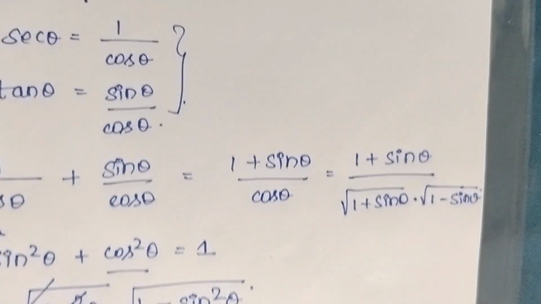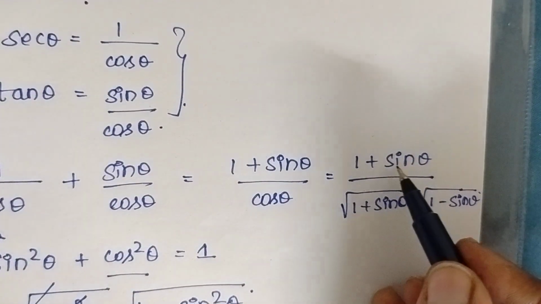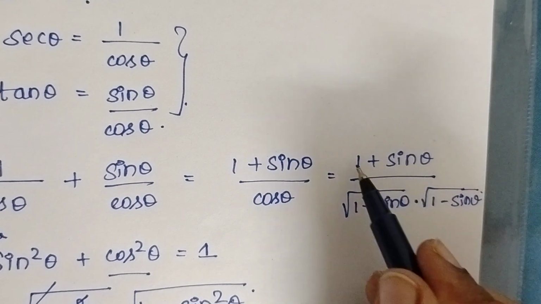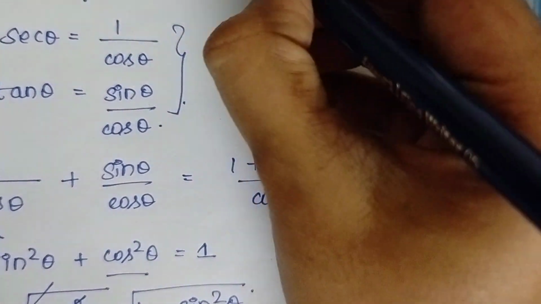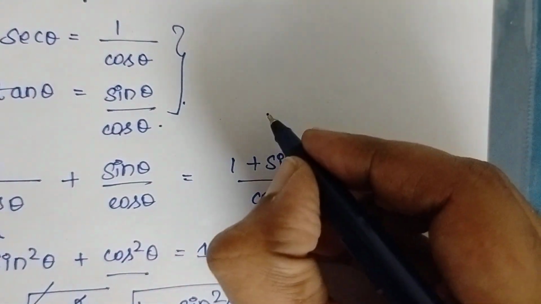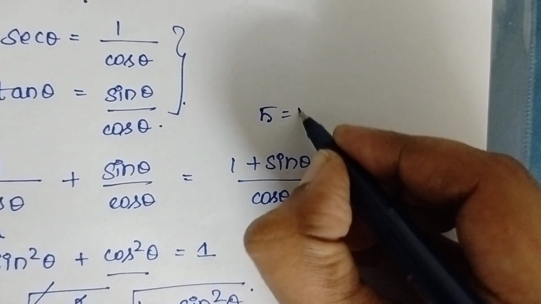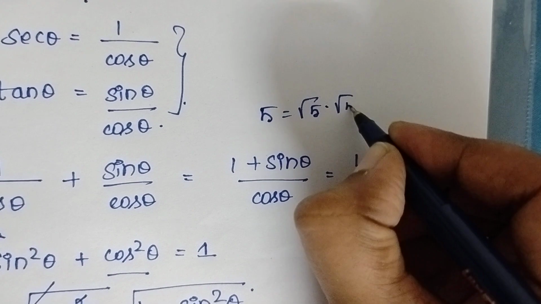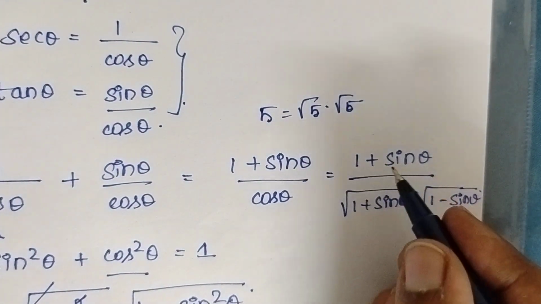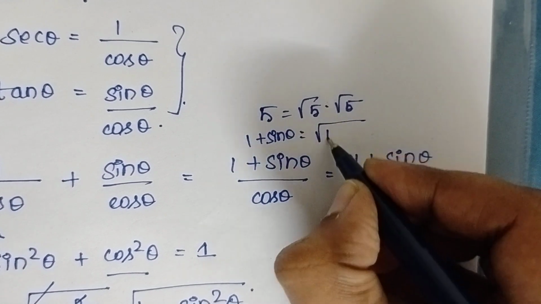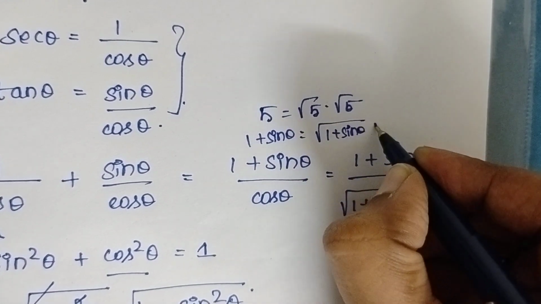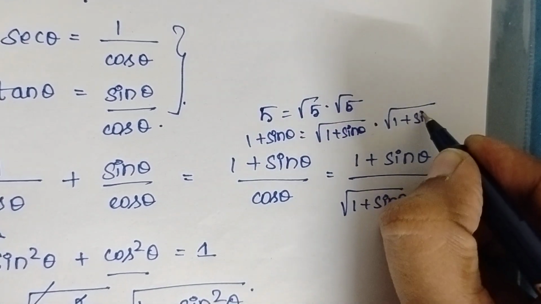If we see here, the numerator doesn't have a root. We know that 5 can be written as root 5 into root 5. Similarly, 1 plus sin theta can be written as root of 1 plus sin theta into root of 1 plus sin theta.